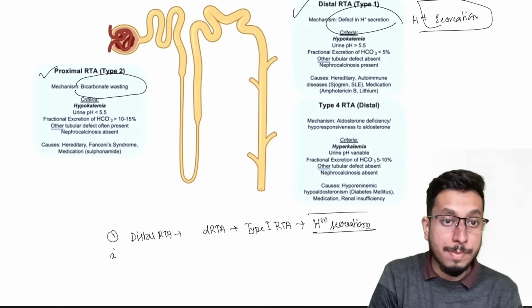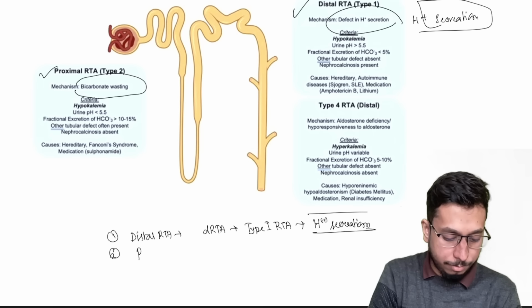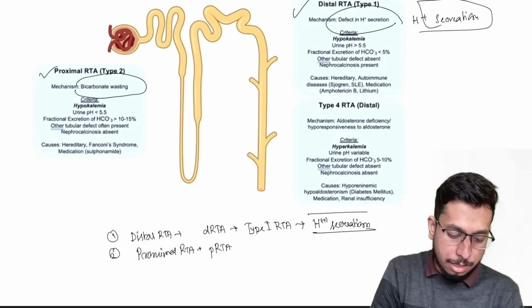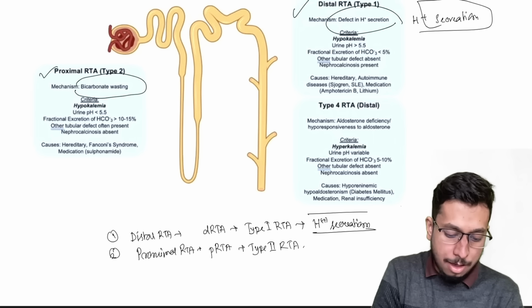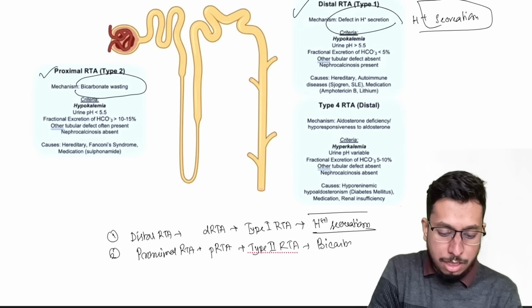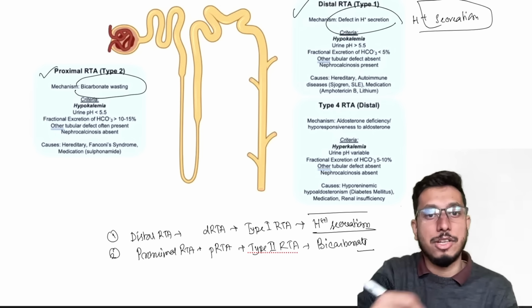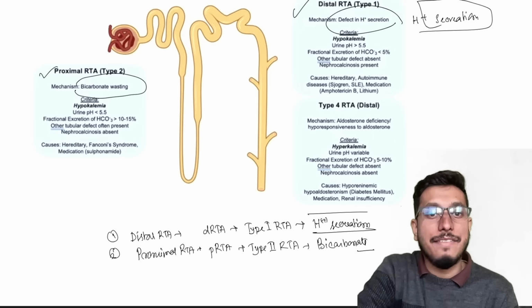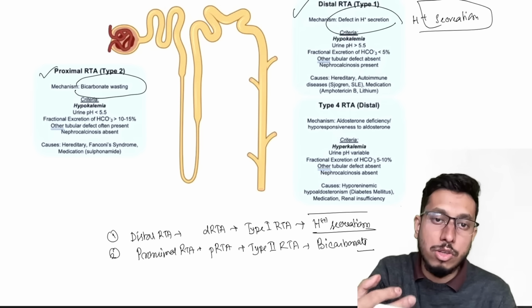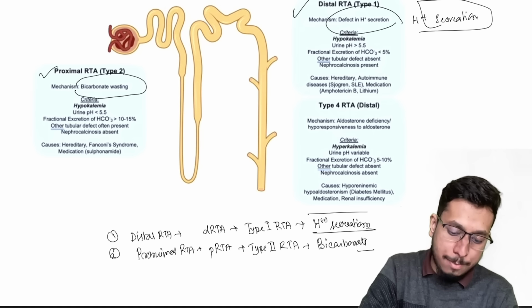Whereas proximal RTA, renal tubular acidosis, or PRTA, is type 2 RTA, where there is loss of bicarbonate or bicarbonate wasting. So there is loss of base. That's why in calculation, acid level increases in the blood. So there is no true rise in acid level, but due to loss of excessive bicarbonate, there is acidosis.